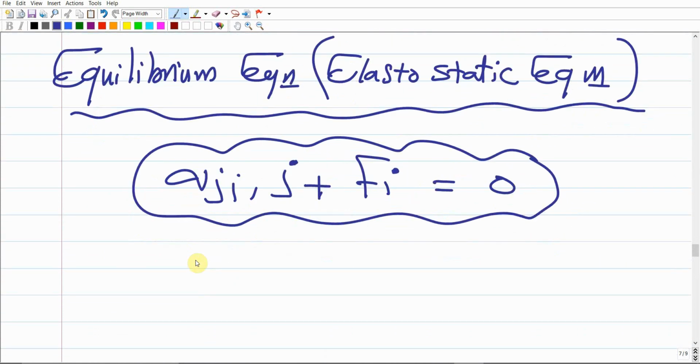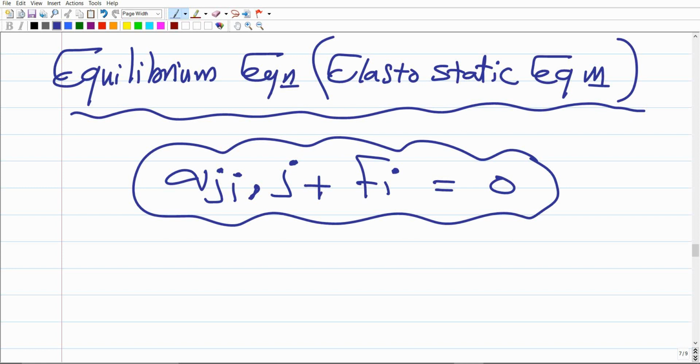So if you try to open any textbook on continuum mechanics or linear elasticity, you're gonna find that all the time they give it the name equilibrium equation, because in most continuum mechanics applications we are assuming that this object is already stationary, not moving.